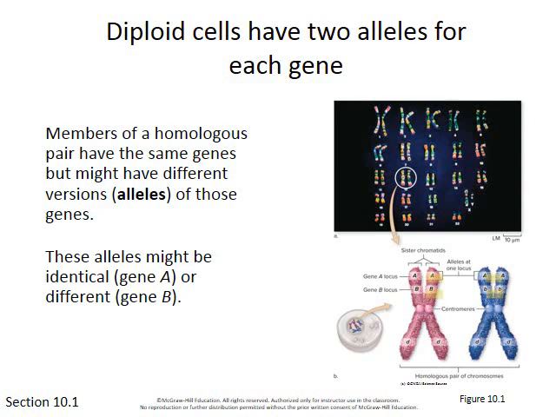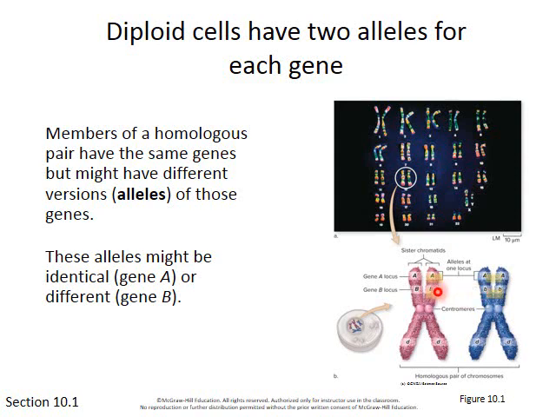So the members of a homologous pair have the same genes, but might have different versions of those genes called alleles. And so this homologous pair has genes A, B, and D. A is big A. Well, on this homologous pair, it is also a big A. When it comes to B, there is big B and then little b.